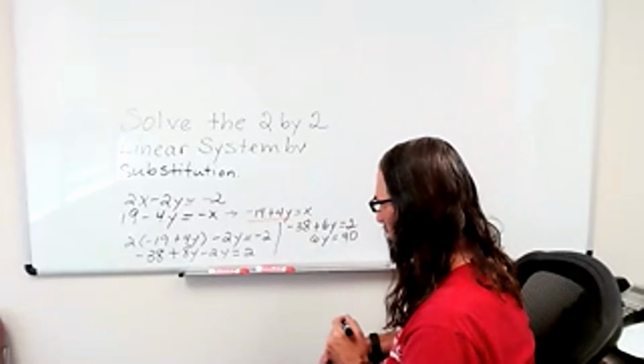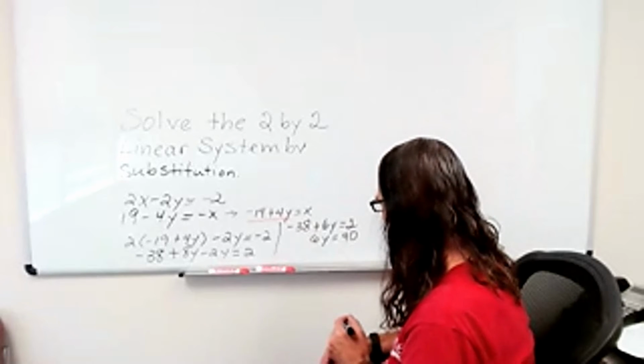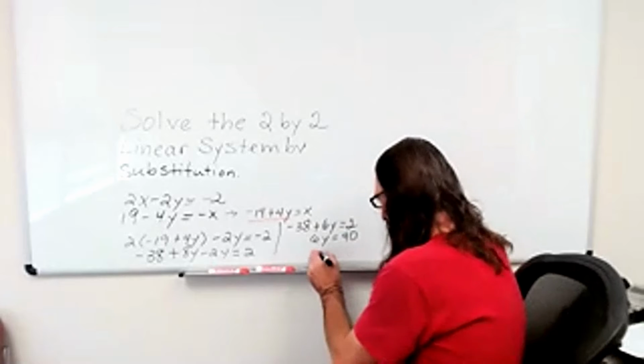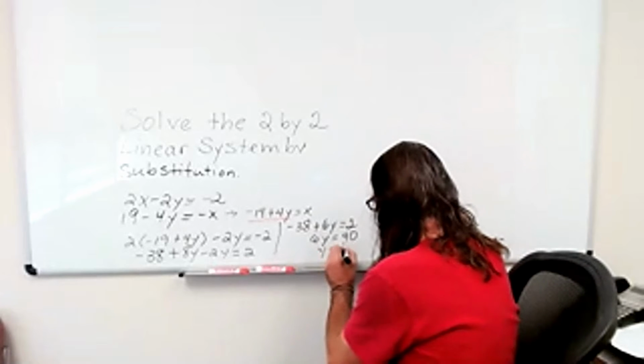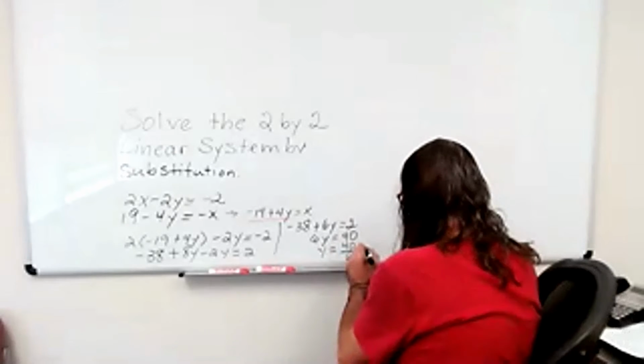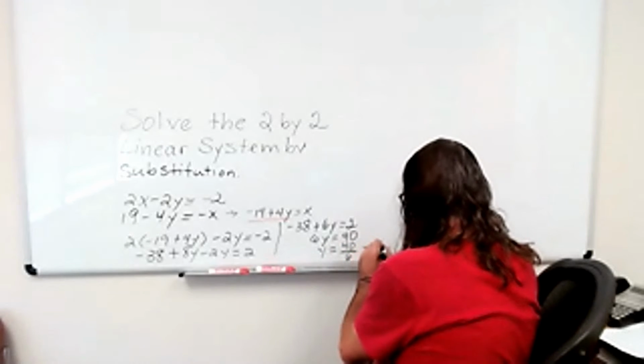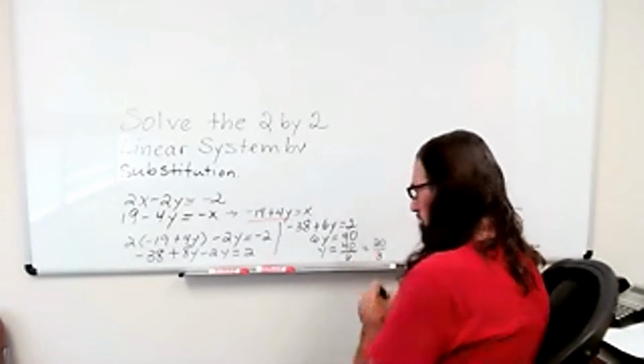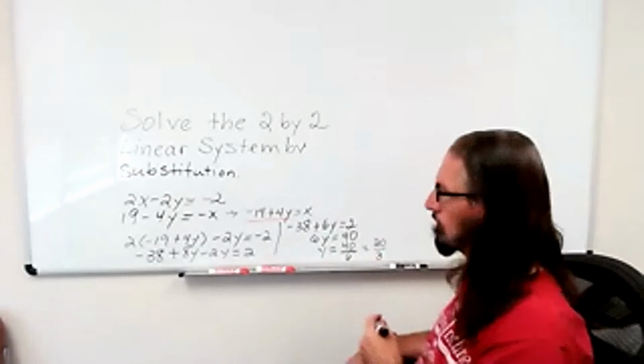And let's see here. Divide by 6. That can be reduced by dividing top and bottom by 2.